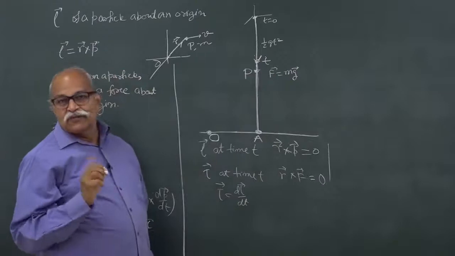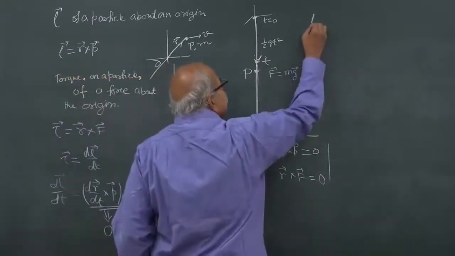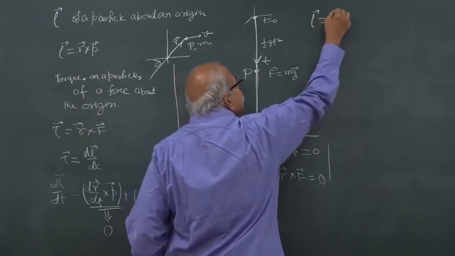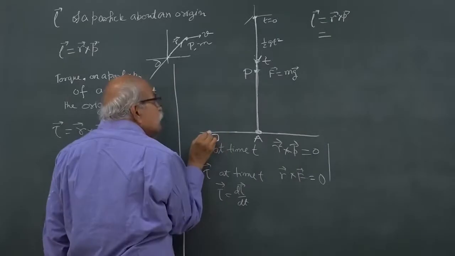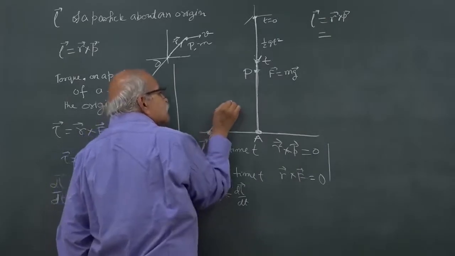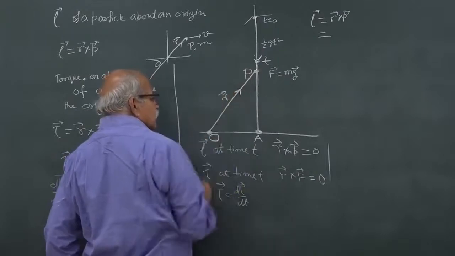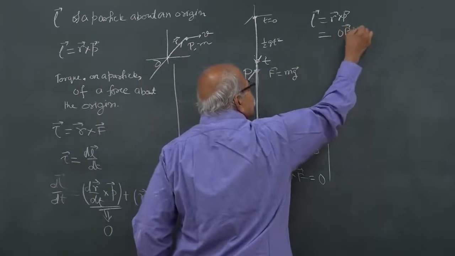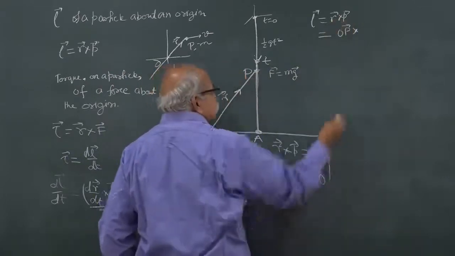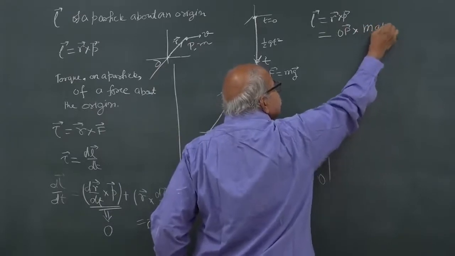Now, what is the angular momentum? Is it 0? The angular momentum L is r cross p, and the r vector is from the origin to the particle. So, this is the r vector. So, OP cross product with the p vector, mass times velocity. What is the velocity? g t.